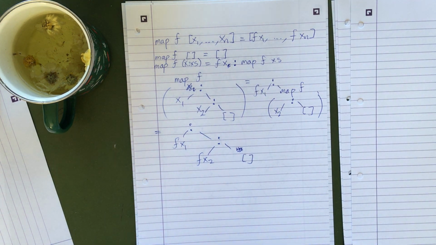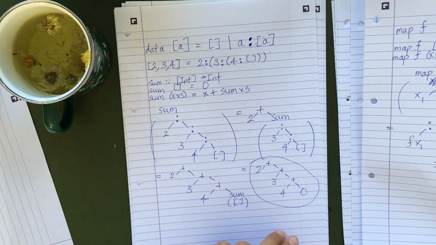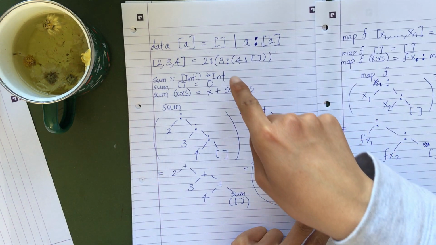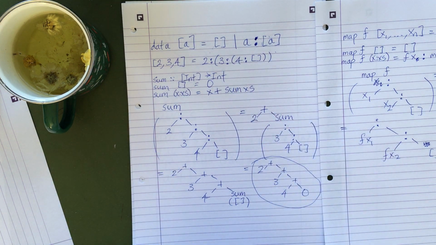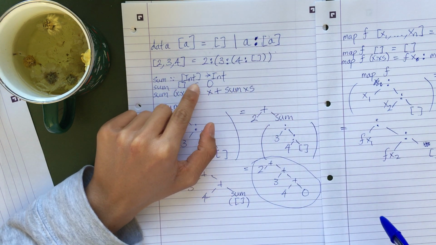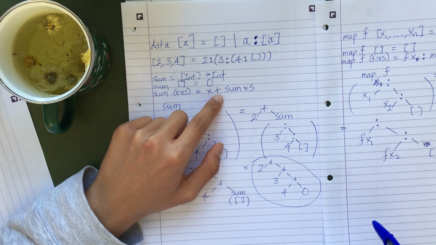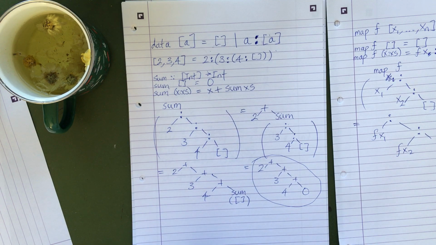Okay. Now we're going to do fold on lists. Let's look at the pattern we have with sum and map. Each of these onion peeling functions is going to have an empty list case and a non-empty list case. And the non-empty list case is going to replace the cons with something.